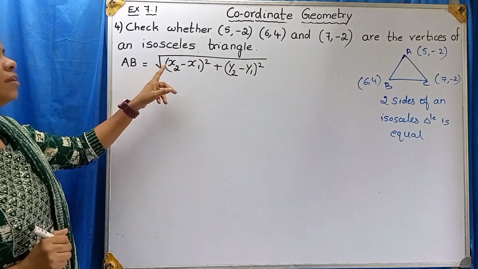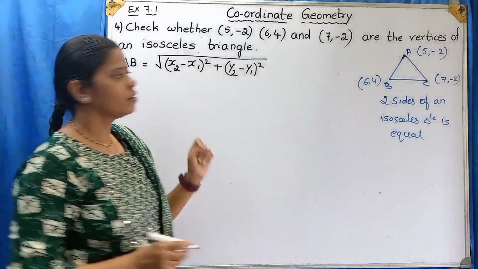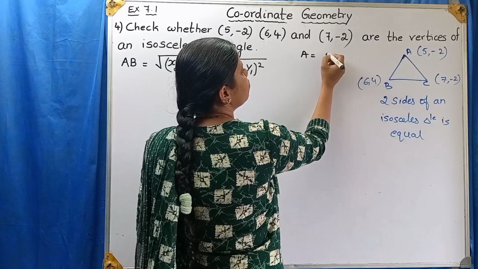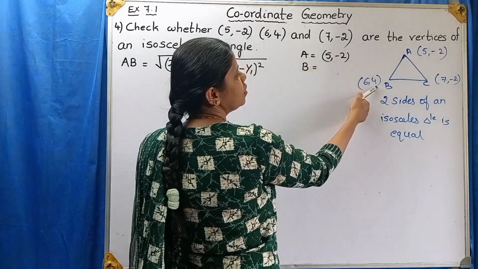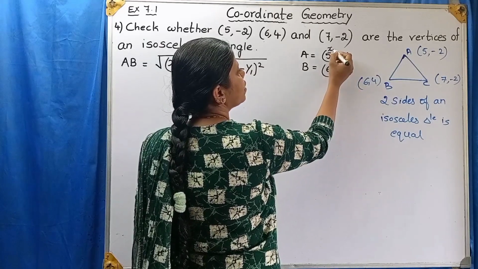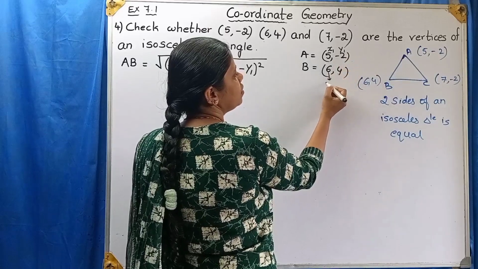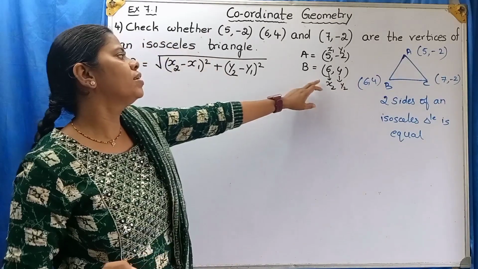Now, we must know the values of x1, y1, x2 and y2. A is (5, -2) and B is (6, 4). So this is our x1 and y1, and this is our x2 and y2. Let us substitute these values.